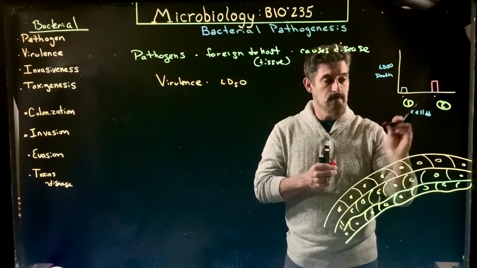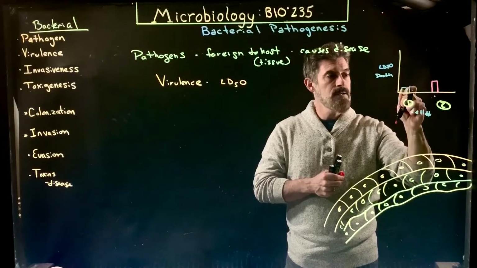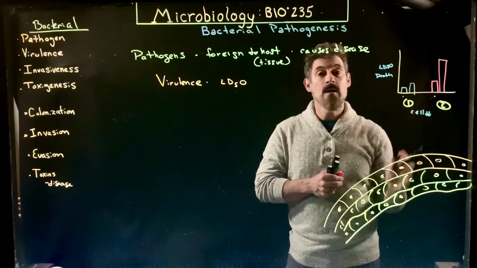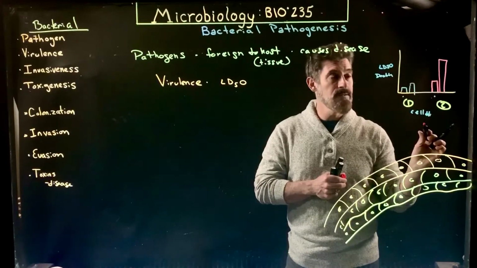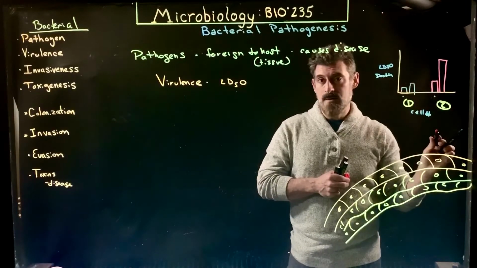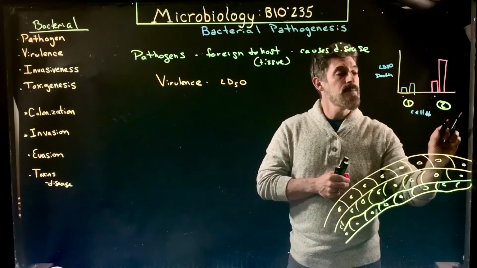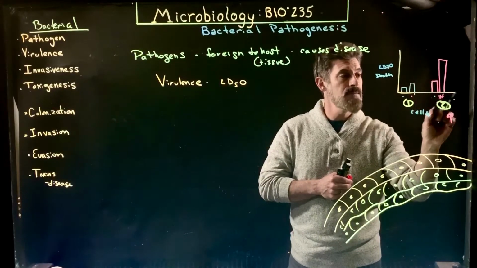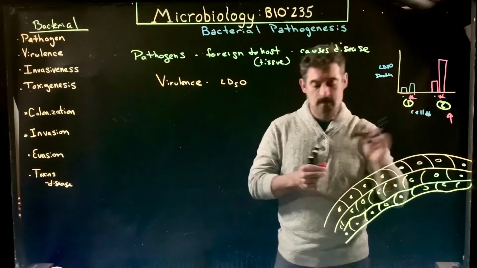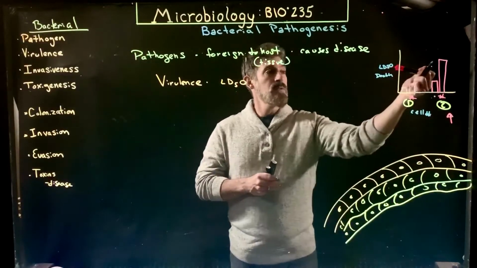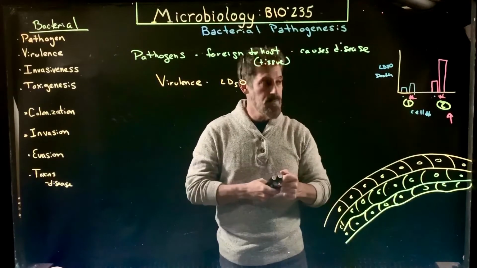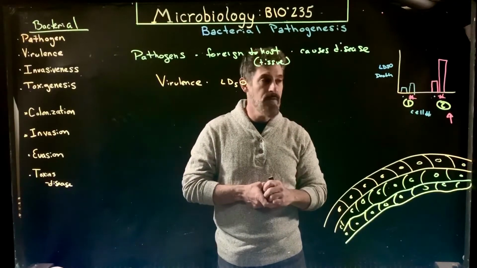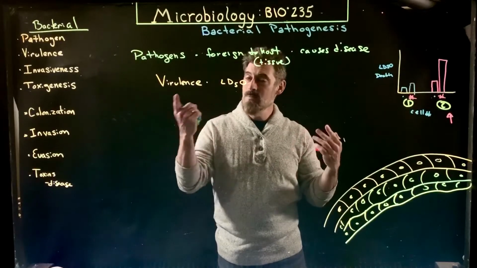Here, we're increasing the cell number, and maybe it goes up a little, but maybe in this one it goes up a lot. So by adding a few more cells, a lot more individuals die, right? So in this particular case, although maybe these are the exact same number of cells given into the host, this one will kill a lot of hosts, whereas the other one has a smaller percentage that would become very, very ill, right? So that's what we're talking about, virulence.